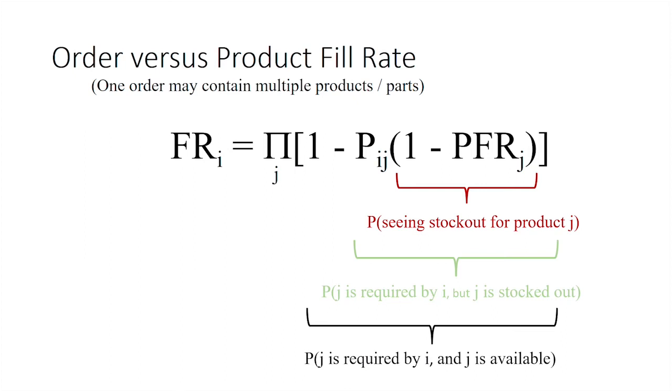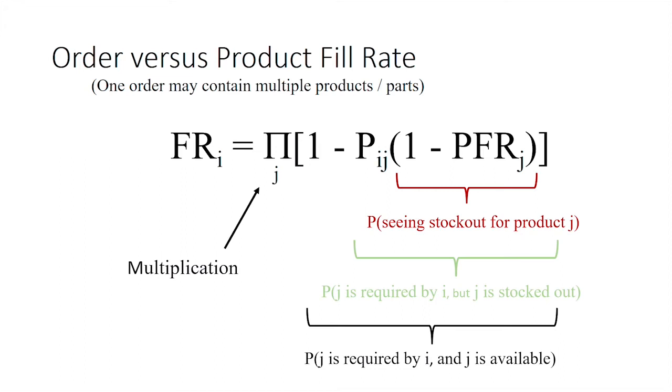Remember that even if only one part is missing from the order, the order is not completed. So the order is only filled when all parts needed are available. To find out the order fill rate, I have to multiply all the answers from different products in the same order.